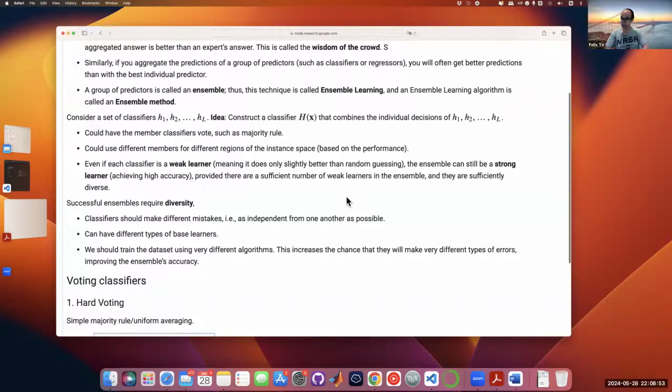So you can see that a decision tree with relatively large depth is a very diverse method. But to be more precise, diversity means the classifiers should make all sorts of different mistakes.